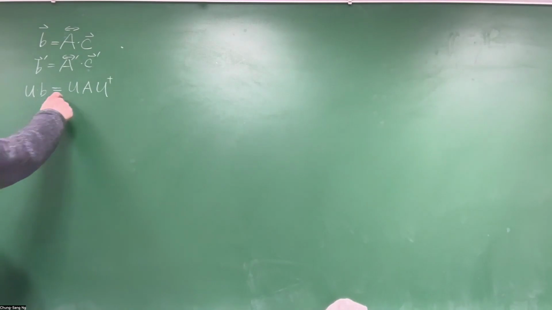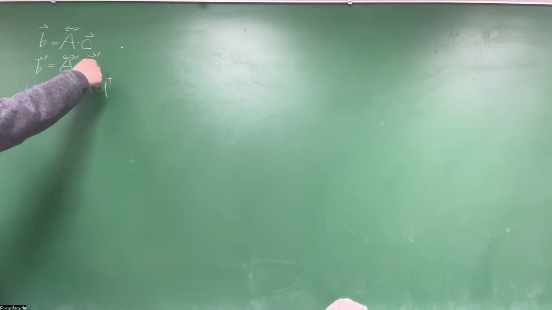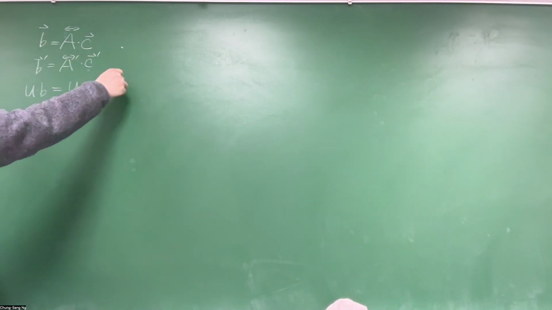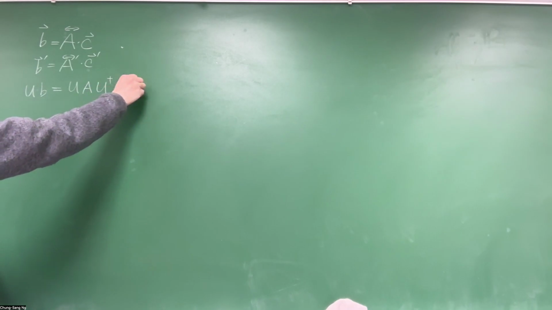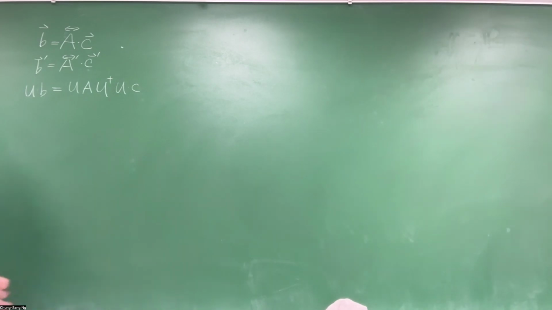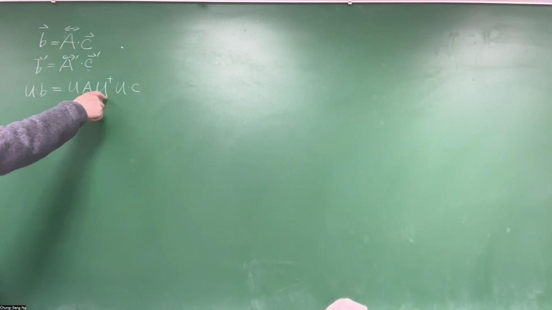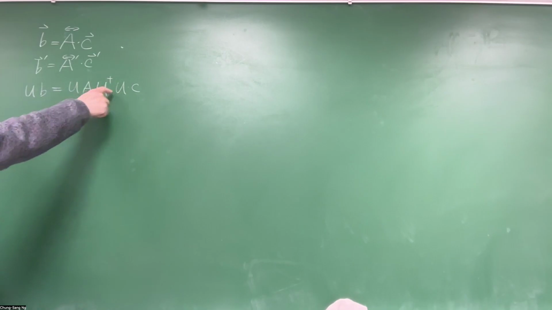So we transform like that, and now C prime is transformed like U times C. And then obviously the U dagger is U inverse because it's unitary, so this multiplication will be the identity matrix.